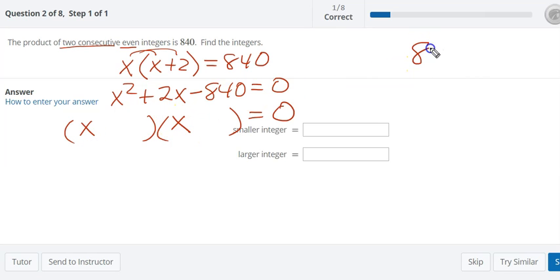Now, when we go using our technique here, 840 divided by 2 gives us 420. And then we keep working that down.